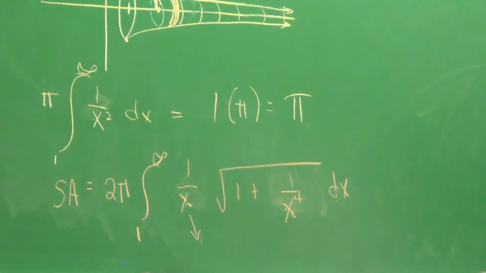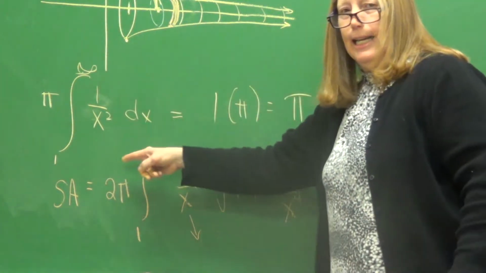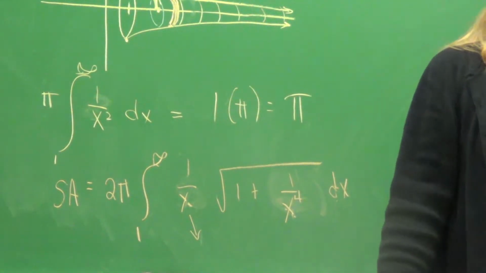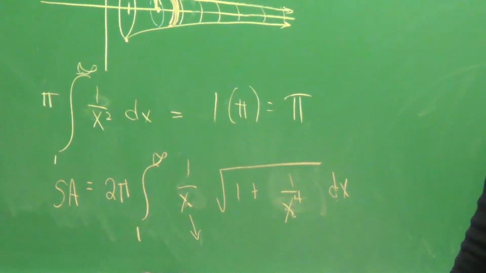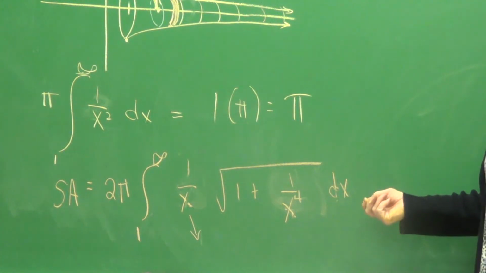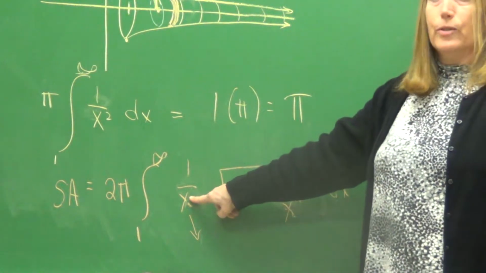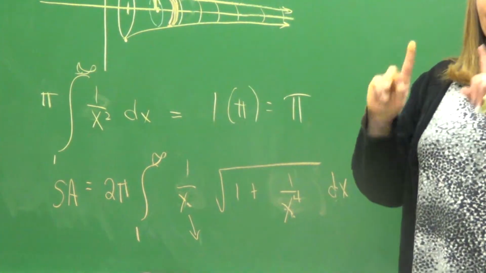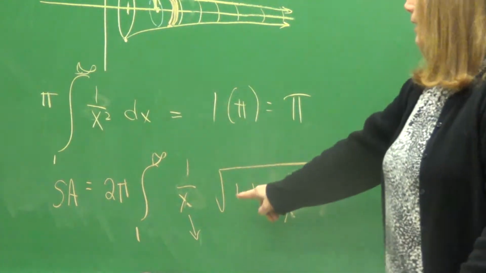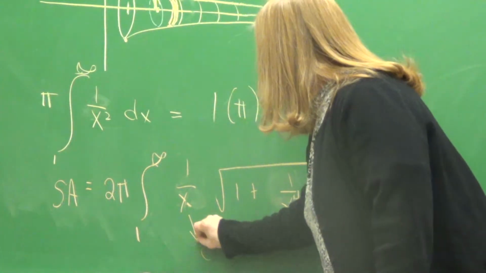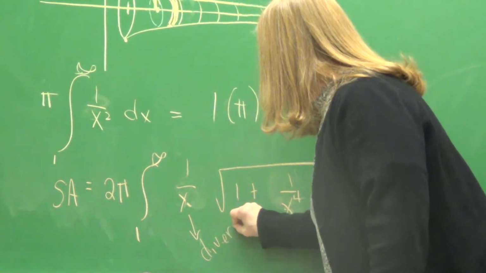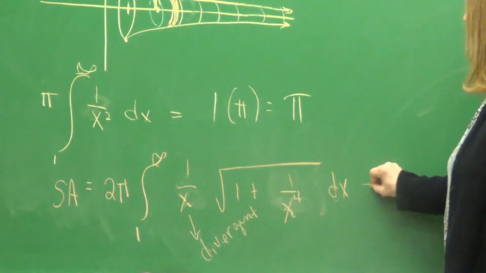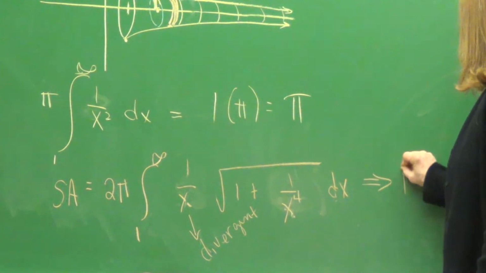Well, we already know from our discussion today. Infinity. Because it's divergent, because our p is 1. And remember the theorem said if p was equal to or less than 1, it would diverge. So this is divergent. So the whole thing diverges.